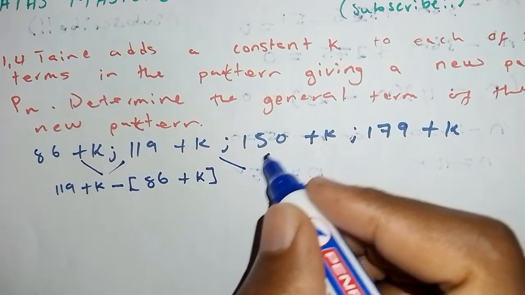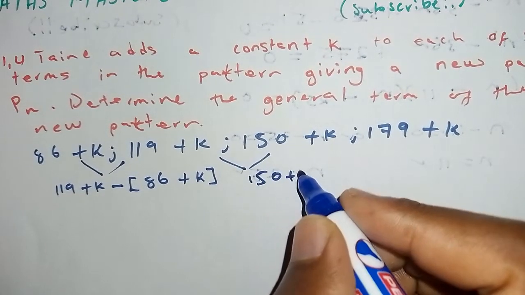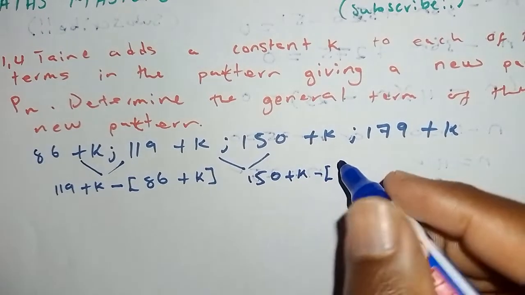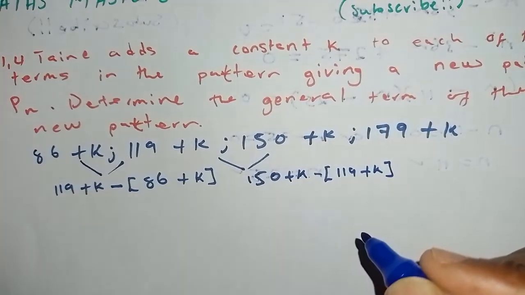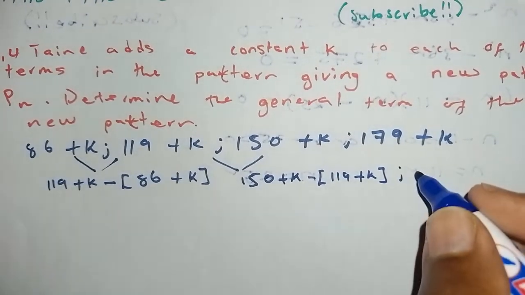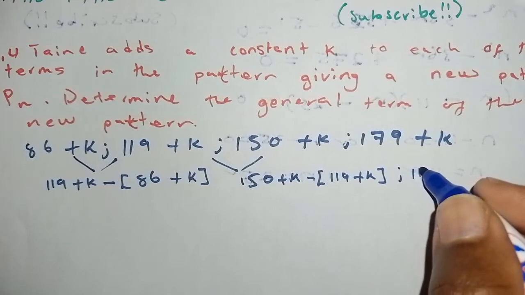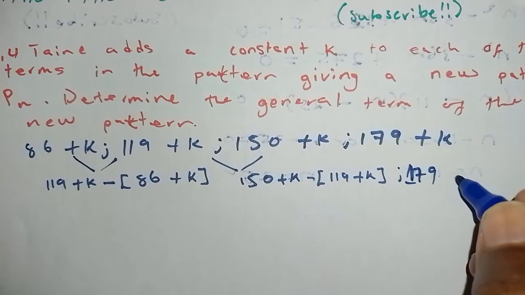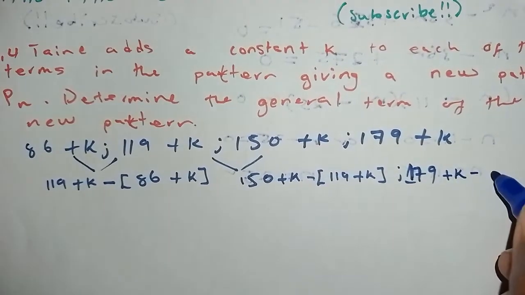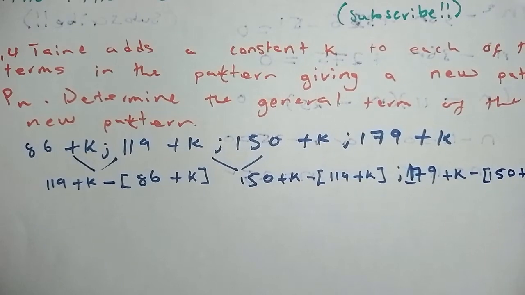Then this one minus this one, I'll have 150 plus k minus 119 plus k, right? And then 179, this is 179 plus k, subtract 150 plus k.